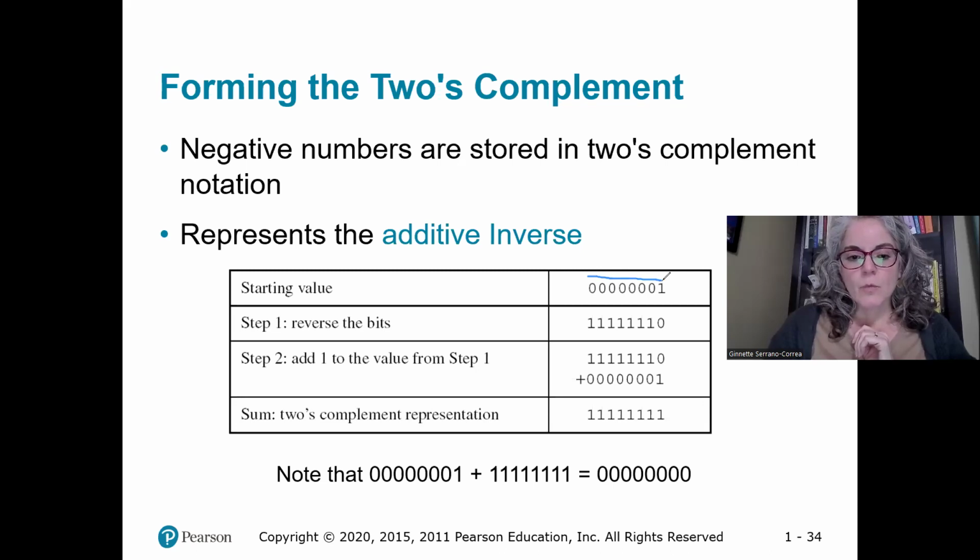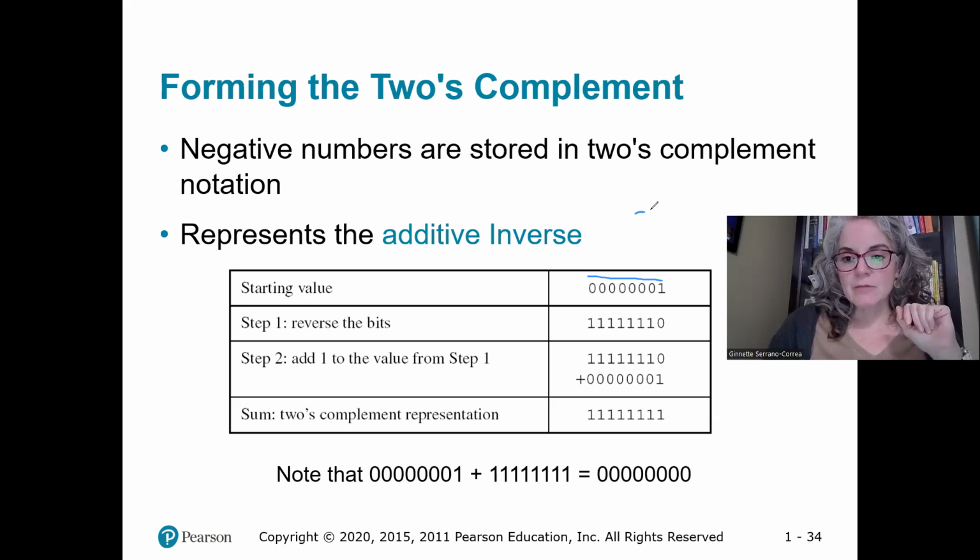And we want to find out what the 2's complement of the number is. So the 2's complement would be how we would store it to know that it's a negative number. So we know that this here is a 1. So a negative 1, right? This is the binary representation of a 1.